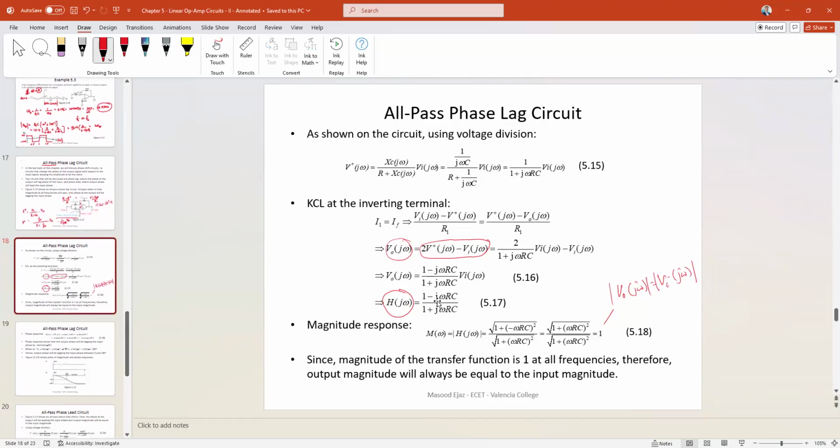Now, when we look at the phase from this expression, H of j omega, remember the phase of a complex number given in the fractional form is the phase of the numerator minus the phase of the denominator. And the phase of a complex number is tangent inverse of the imaginary part divided by the real part.